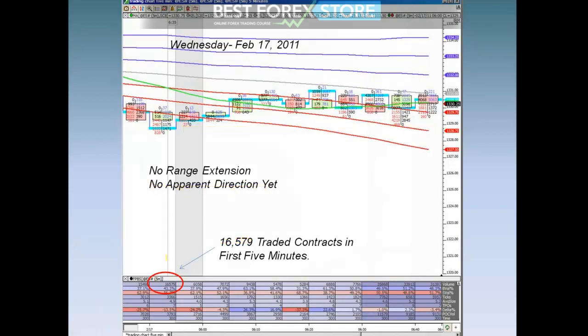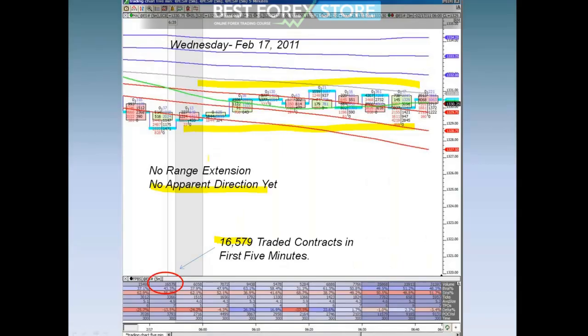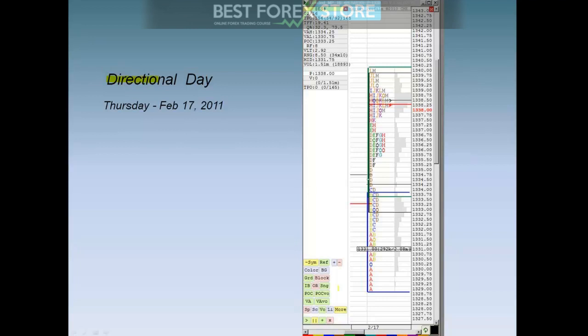All right, now notice, even though this day started out looking like this, and it was a sideways movement during the early part of the day, this actually ended up being a directional day. Take a look at this, and that's why during the day you'll be able to spot, and sure enough, they came in D period and extended the range.